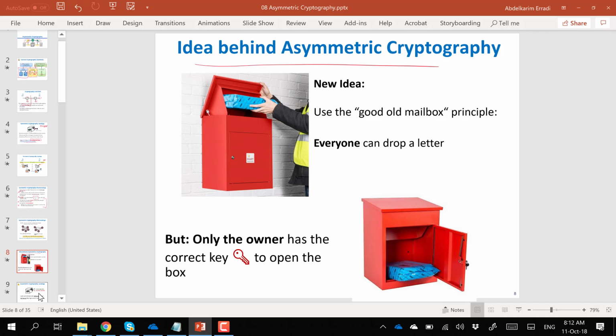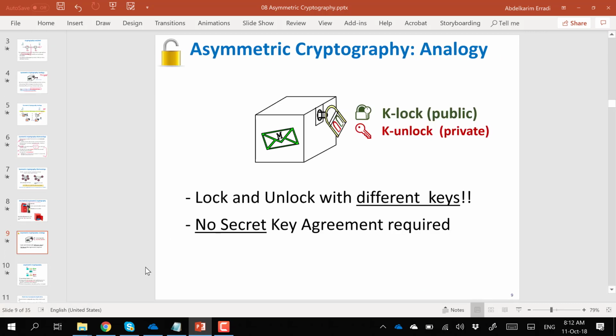Maybe a more concrete analogy. You want people to send you messages securely. What you do, you take a box, and this box will have a lock, but this lock is not closed. The lock is open. So people will take your box.